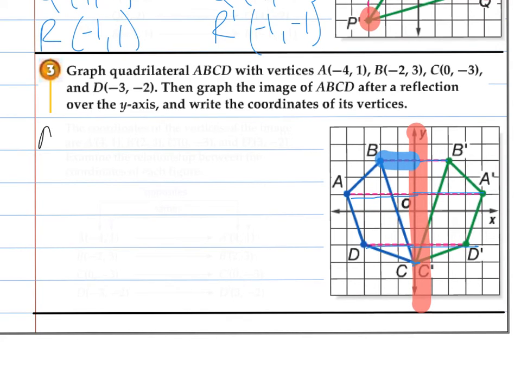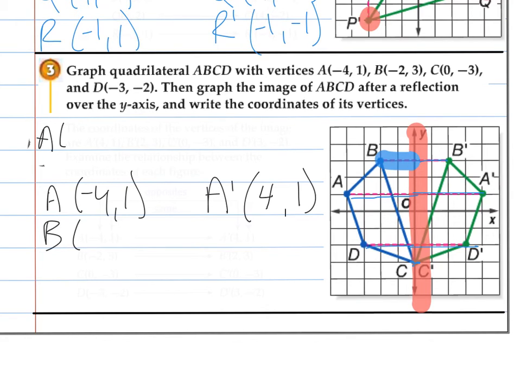So my original was A at -4, 1. A prime, you'll notice, is at +4, 1.